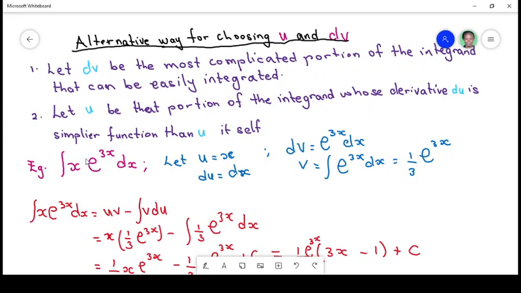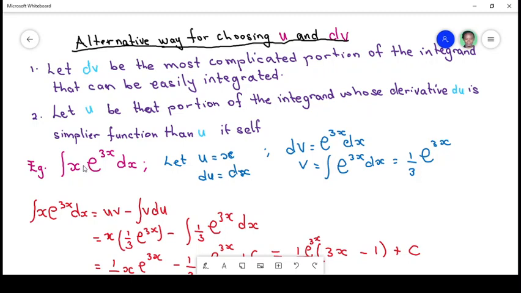So you have a product of two functions. You have the algebraic function and the exponential function. What do you think would have been the other way around if we're choosing a u and the v? The alternative in our previous approach, let's say, algebraic comes first before exponential.